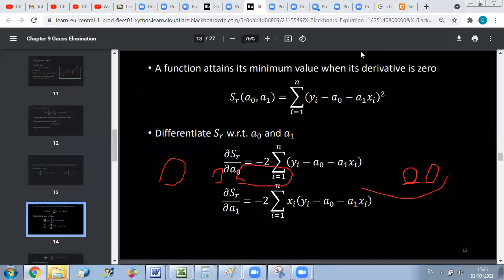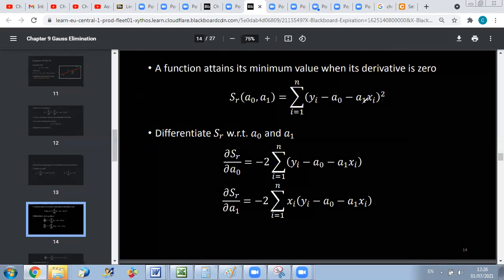So now our purpose is to find the coefficients a0, a1, which define the equation of the linear fit. This is why we will first derive SR with respect to a0. When I want to derive with respect to a0, I will consider that all remaining things are constant.